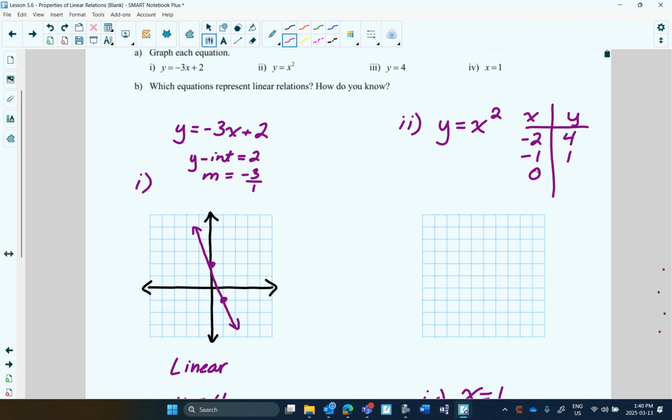If I told you that x was 0, what's y? 0. If I told you that x was 1, 1 again. And if I told you that x was 2, 4. That should be enough to show you what the graph is going to look like. We had to do a few points, otherwise it would have been hard to see. So let's plot these points.